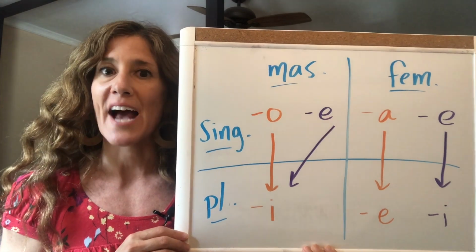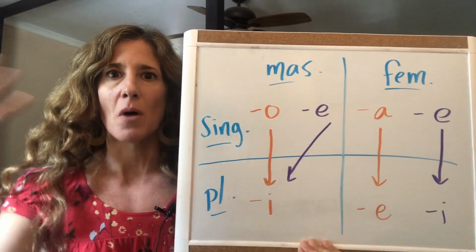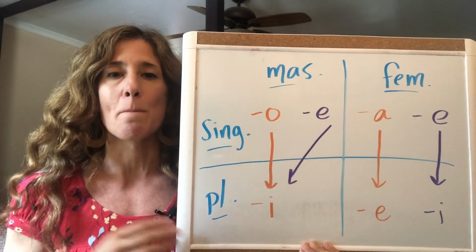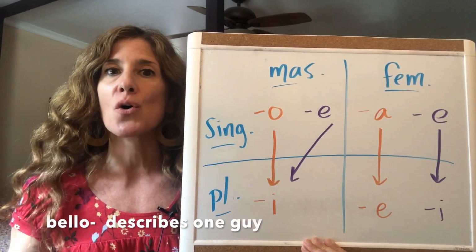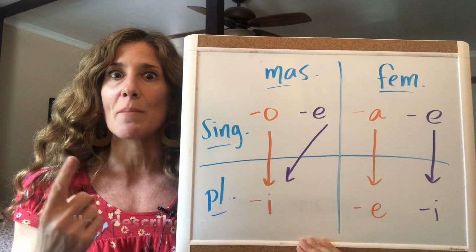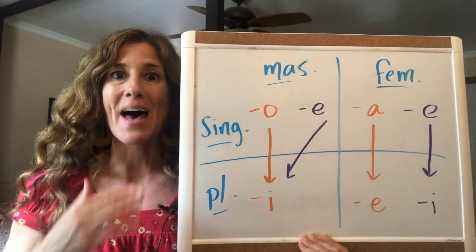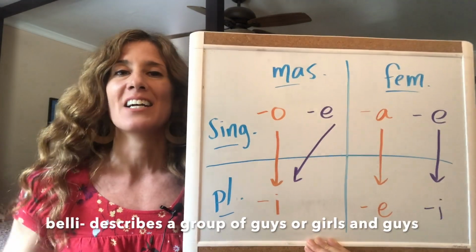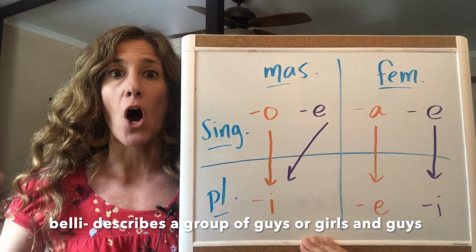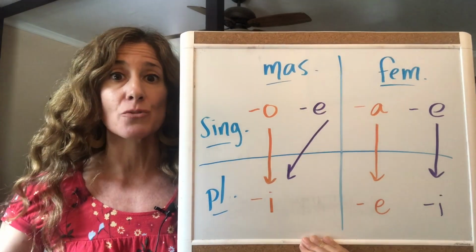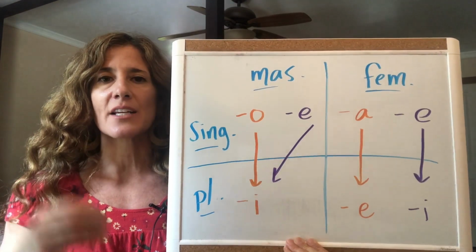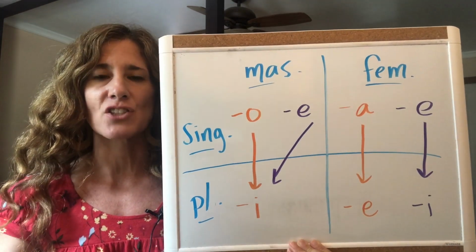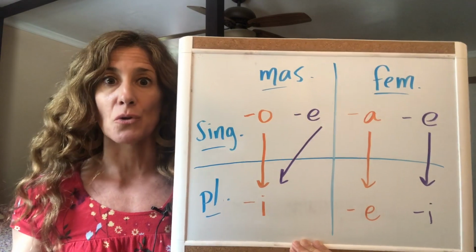So let's take one of the adjectives that we saw out of all the adjectives that we just looked at. Bello, okay? If we say bello ending in O, that's going to describe one man or a guy. If we say belli ending in an I, that's going to describe a group of all guys or guys and girls mixed. Because when there's men and women in a group, the ending of the adjective is going to take the masculine plural form.